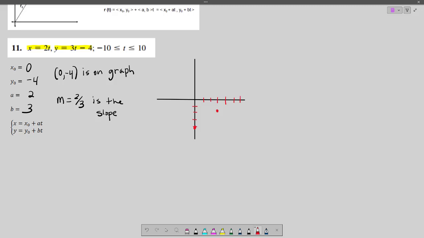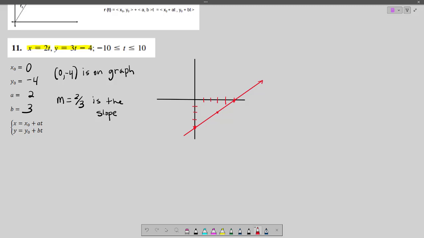And then if we go up 2 again, that's going to bring us up to the x-axis, and then over 3 more, that would put us right 1, 2, 3. Wow, I did not graph that very well, did I? That's supposed to be a line. So 0, -4, up 2 over 3. Bad graph. It's easier to graph the line first, I guess. All right, so up 2 over 3, let's put it right there, and then up 2 over 3, we'll put it right there. That looks better. So there is going to be our line.